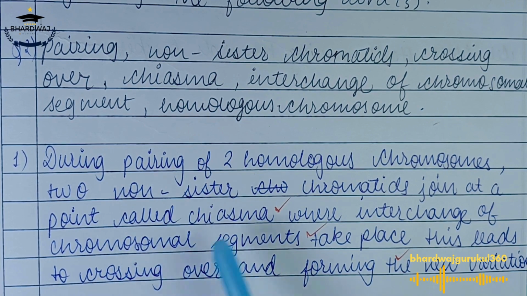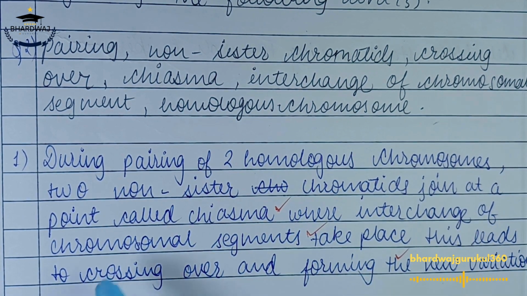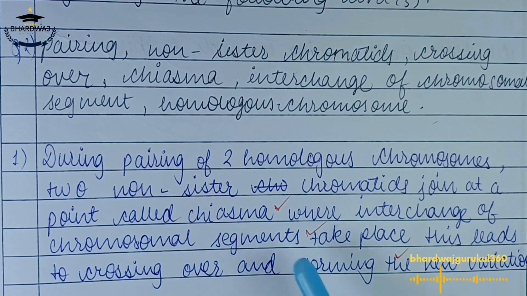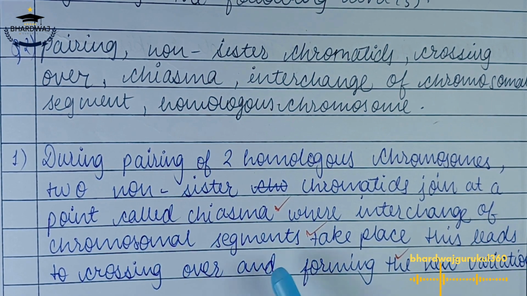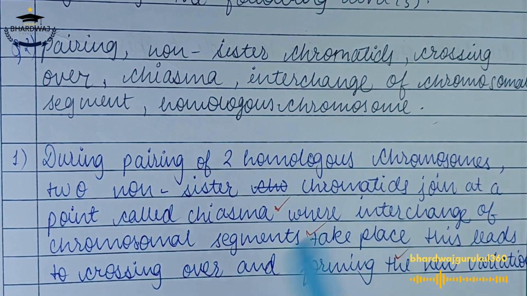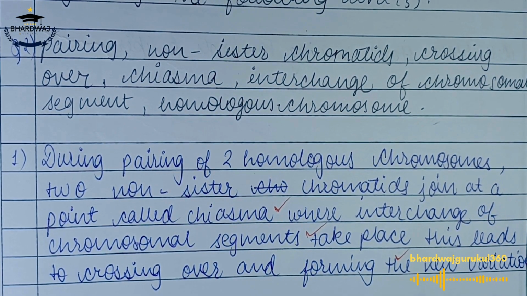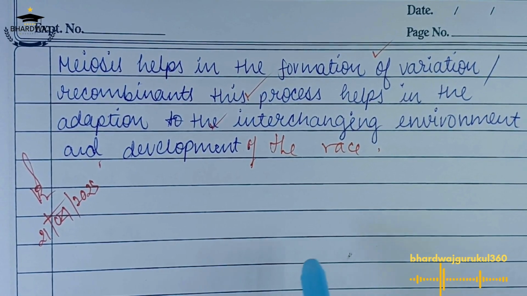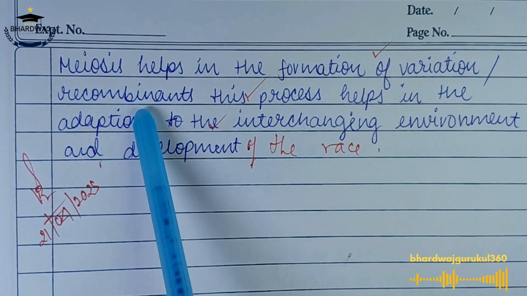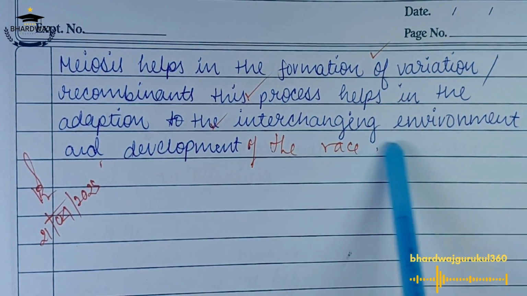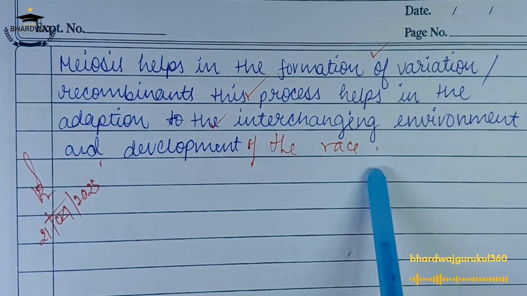During pairing of two homologous chromosomes, two non-sister chromatids join at a point called chiasma where interchange of chromosomal segment takes place. This leads to crossing over and forming new variations or recombinants. Meiosis helps in the formation of variations or recombinants. This process helps in the adaptation to the ever-changing environment and development of the race.